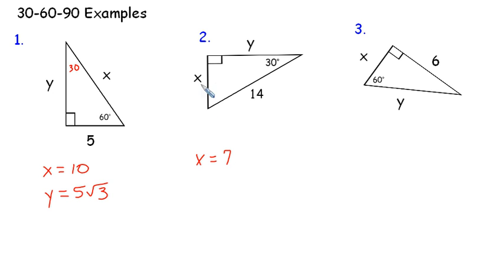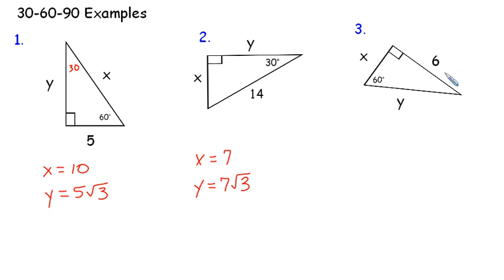That leaves 7 for my short leg. Then y represents the long leg. So for the long leg, we would have the short leg, which is 7, times the square root of 3. So the short leg is 7, the long leg is 7 times square root of 3.